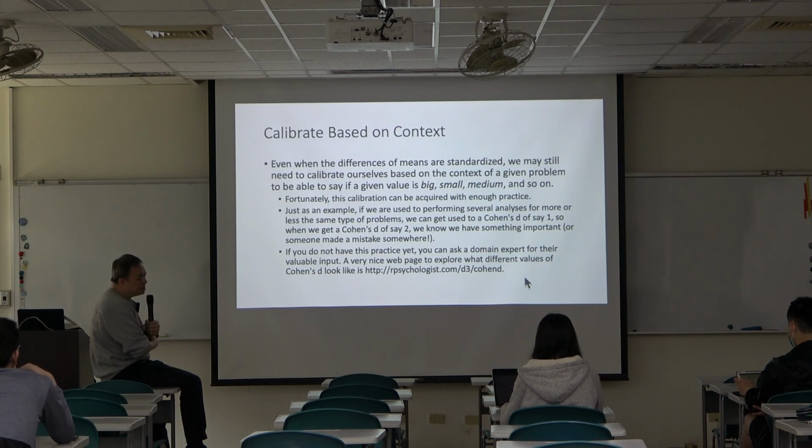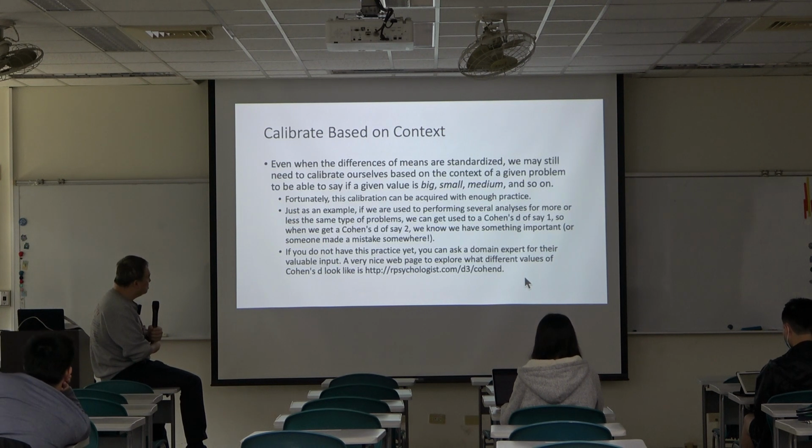If the previous Cohen's D is a small value and now you get a larger value, then you know this value is more significant than the previous one. So it's more like a result of comparison.